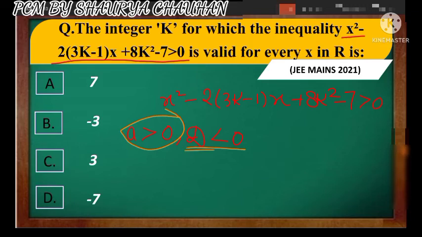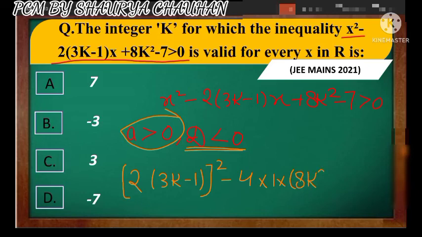So now let's find D, which is the discriminant. D is 2 into (3k minus 1) whole square, because the minus sign will cancel out because of the square. So b square minus 4 into 1 into c, which is 8k square minus 7, should be less than 0.